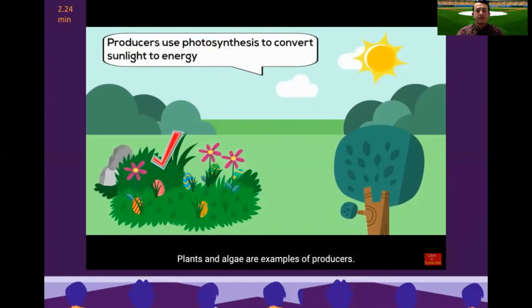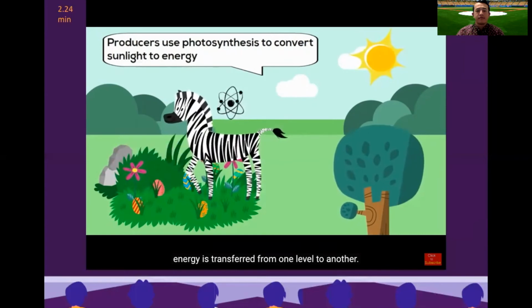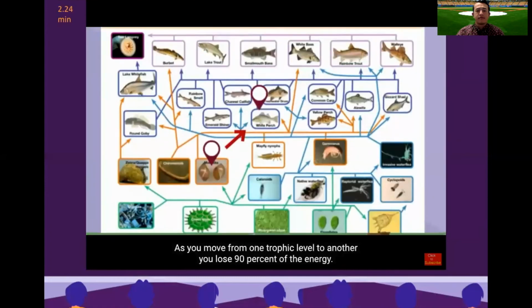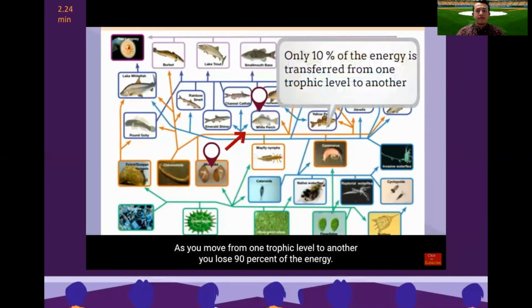Plants and algae are examples. As consumers eat these producers, carbon bonds are broken and energy is released, and this energy is transferred from one level to another. However, as you move from one trophic level to another, you lose 90% of this energy.